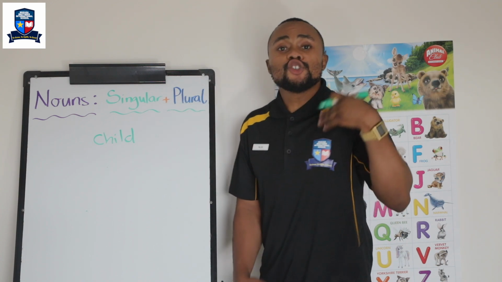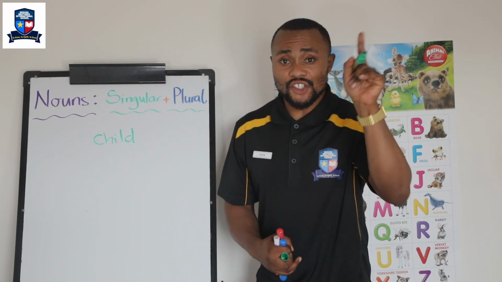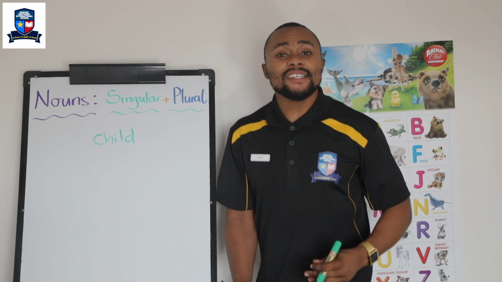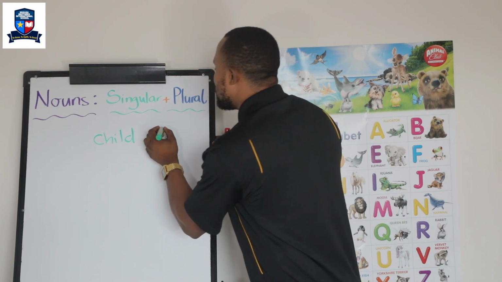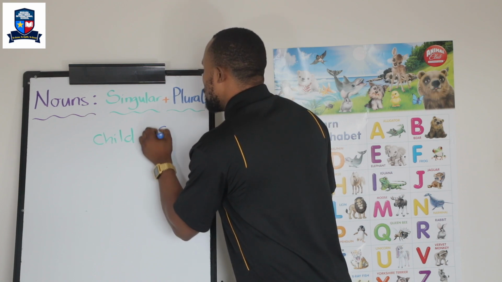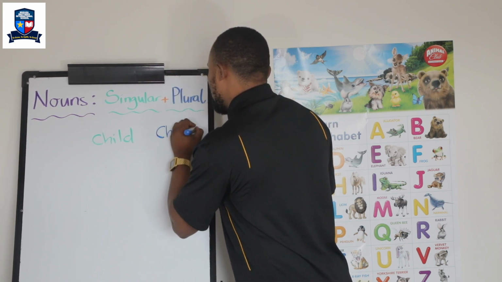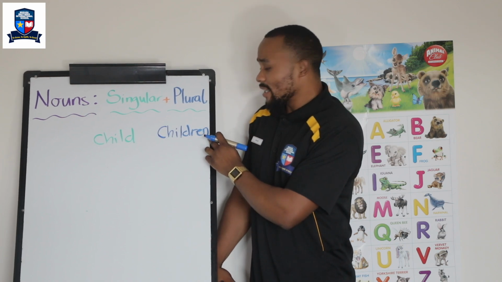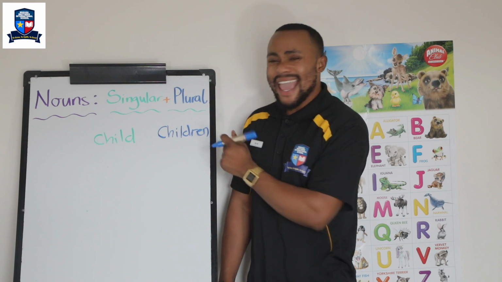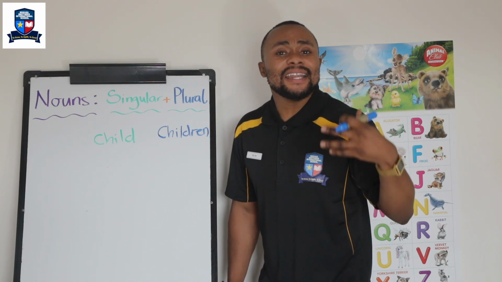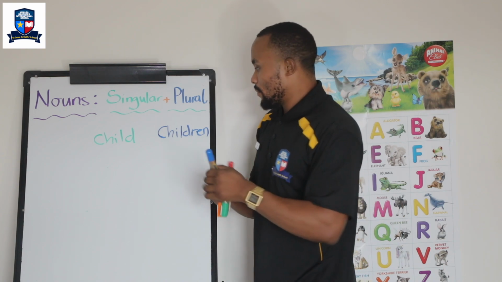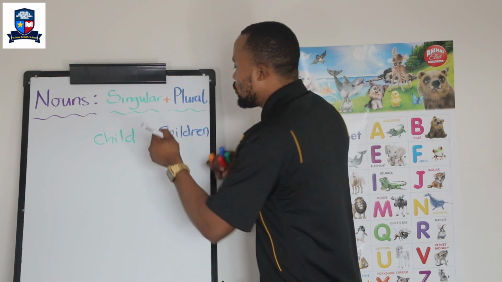But to show that there is more than one child, this word becomes the plural form, children. I'm going to write it in blue. Children. Okay? Hey, guess what? We are not adding S at the end. The S is not needed. This is another different way of changing to the plural form. Child to children.